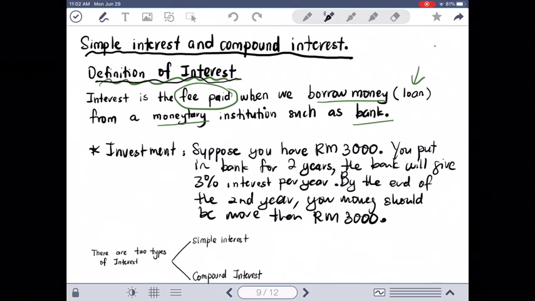Basically, if you keep your money in the bank, the bank will use your money to give it to people who want to borrow money from the bank. It means that you go to the bank and put your money, and somebody will come to the bank to borrow that money. The bank will charge interest to the person who borrowed the money, and some of the interest that the bank receives will be given to you.